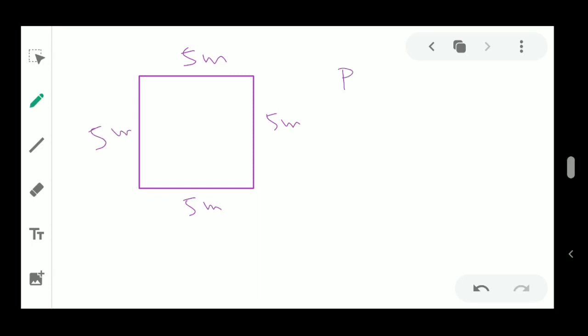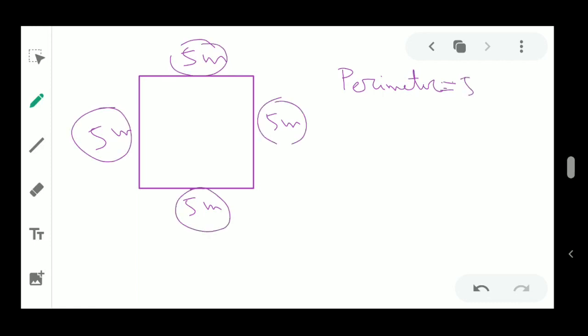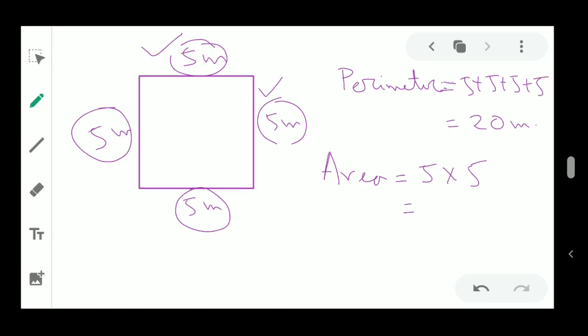So here the perimeter is 5 plus 5 plus 5 plus 5, that is 20 meter. But the area will be one length, that is this one, into one breadth, that is this one. So 5 into 5, that is 25 meter square.